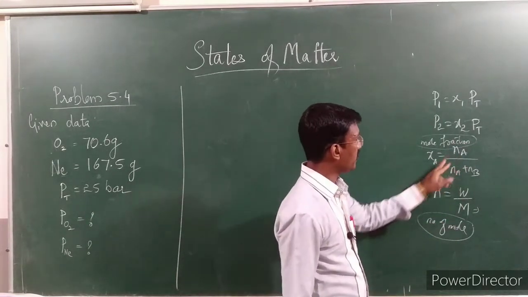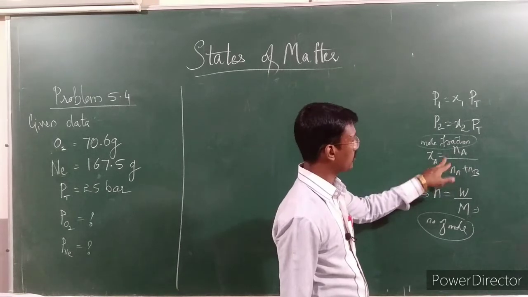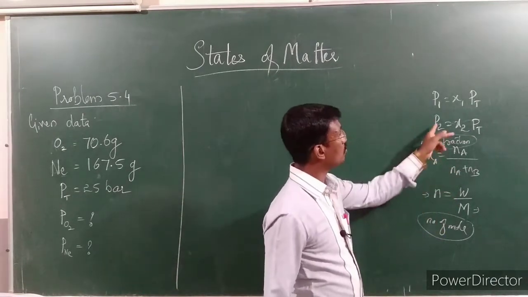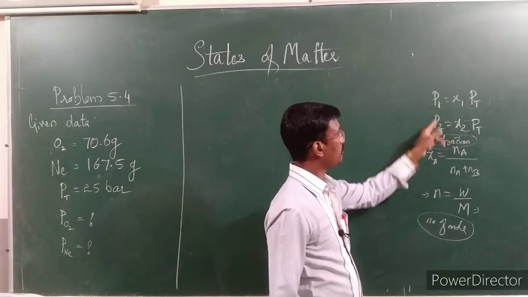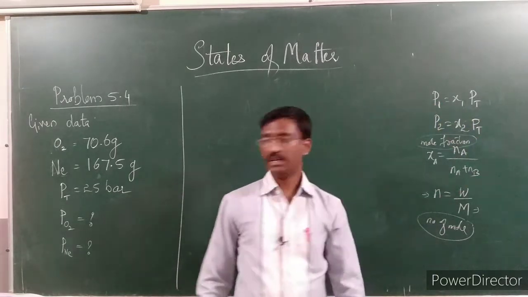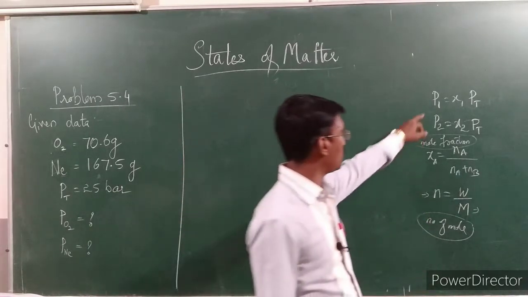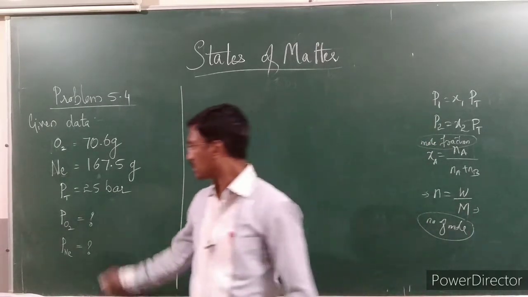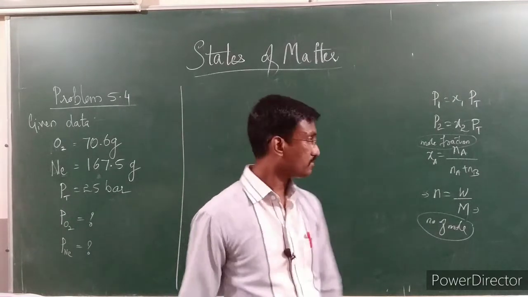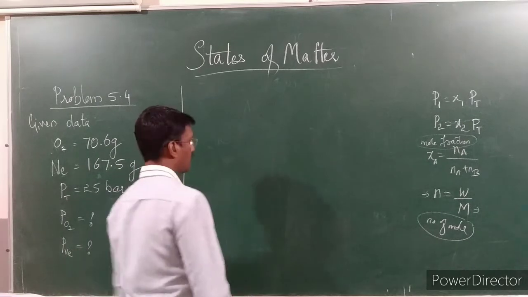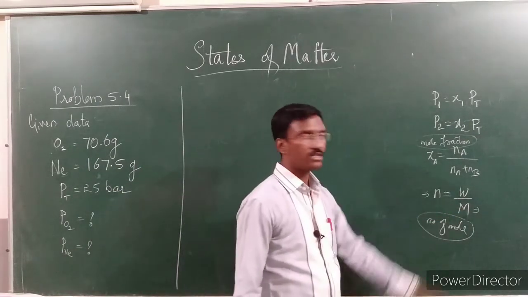Then calculate xA and xB, the mole fractions of oxygen and neon. Then you move to the partial pressure. Here P is equal to x Pt. X is the mole fraction, and P means P1, P2, the partial pressures. That's what you have to calculate here. So let's start this one. Based on this given data, first we have to calculate the molar mass.